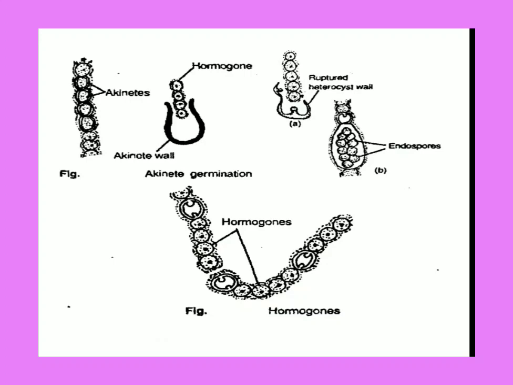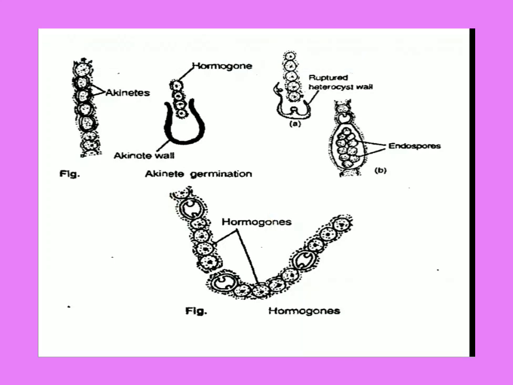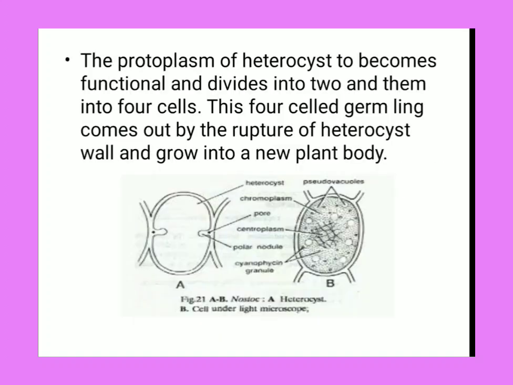This is one heterocyte cell, and this is another heterocyte cell. The part between two heterocyte cells is known as hormogonium, because it has the capability to produce a whole new plant body. So the part between two heterocyte cells is known as hormogonium.